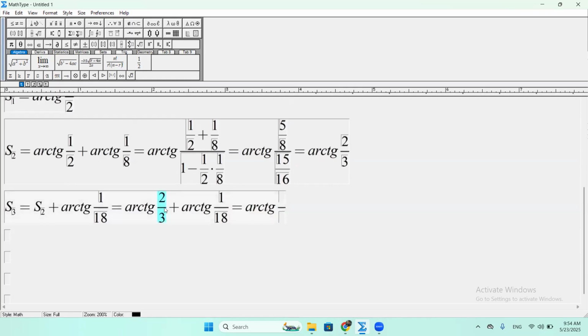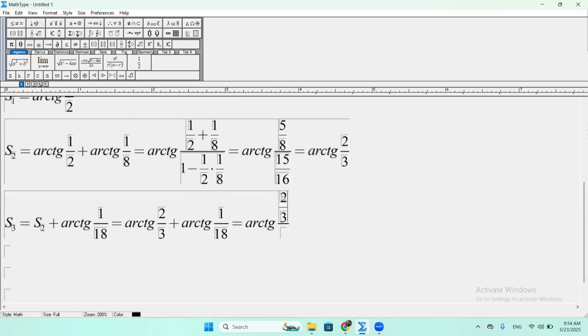Again using the previous formula, so 1 over 18, and here 1 minus 2 over 3 multiplied by 1 over 18. So here will be 12 over 18 plus 1 over 18, so 13 over 18.